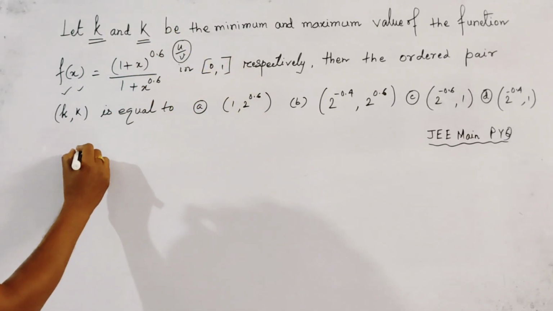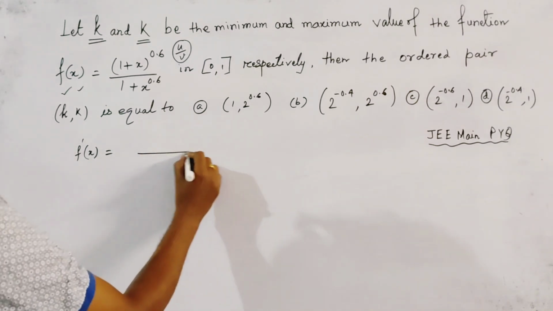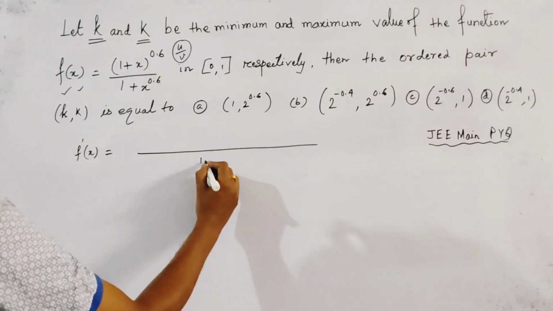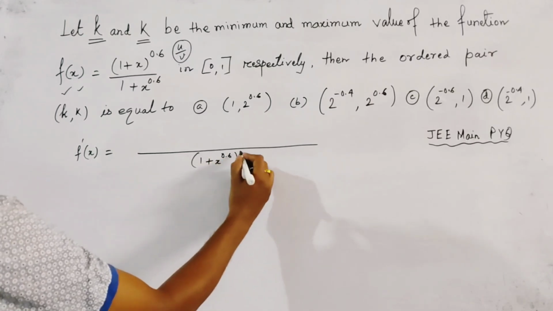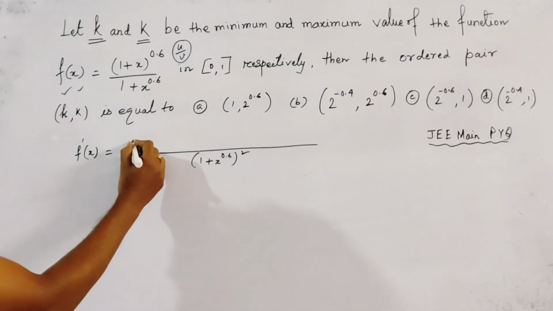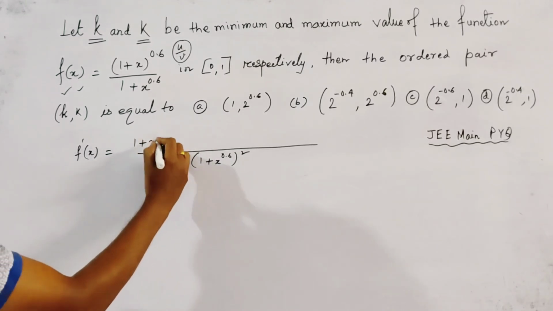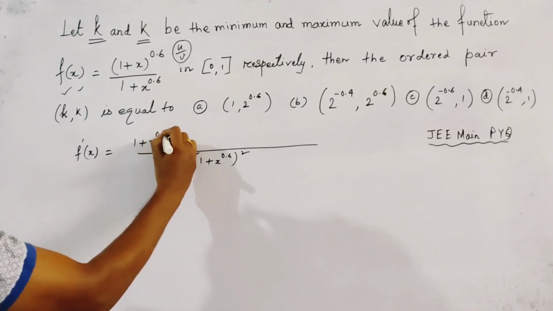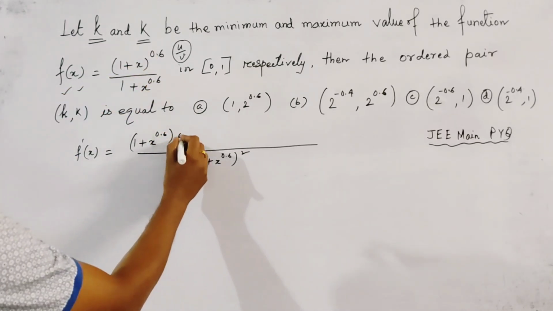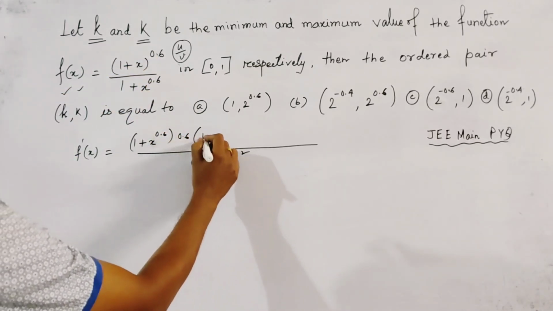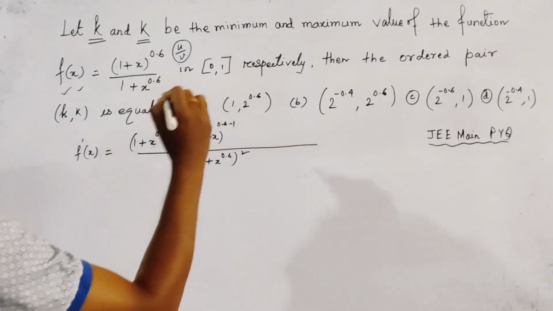So the derivative of this is given by f dash x, which is 1 by (1 plus x) raised to the power 0.6 whole square, and this is (1 plus x) raised to 0.6 into the derivative of this. This is 0.6 into (1 plus x) to the power 0.6 minus 1.